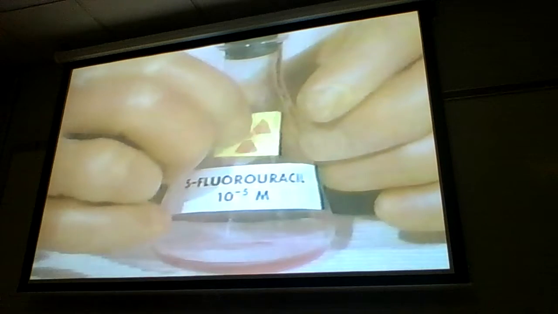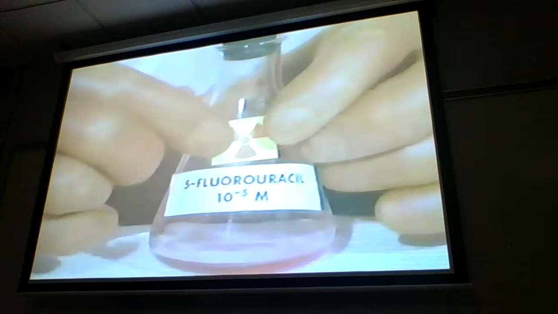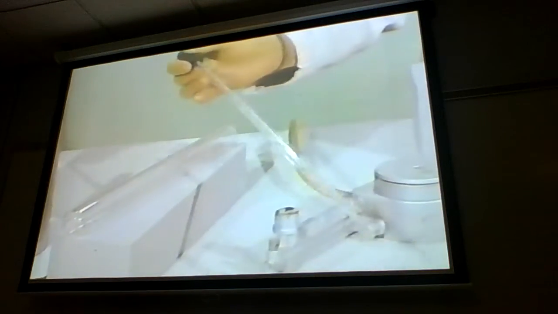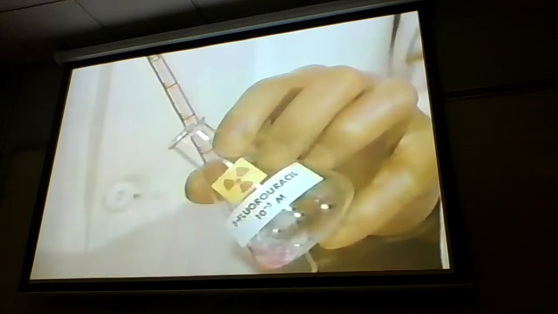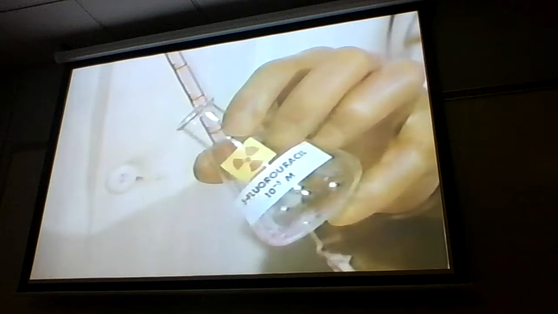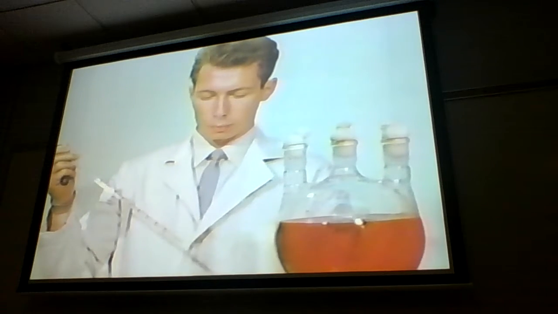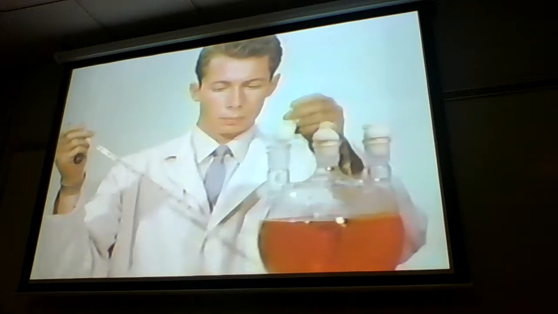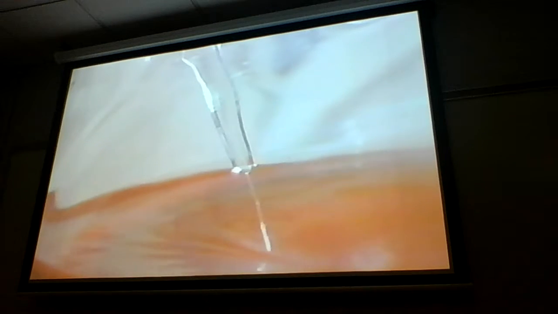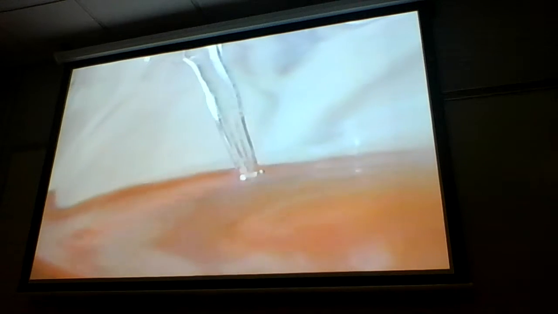Here is specially prepared 5-fluorouracil containing radioactive carbon-14. By tagging the 5-fluorouracil with these radioactive atoms, we can determine where the 5-fluorouracil goes in a human cell. We add a small amount of the radioactive 5-fluorouracil to the living culture. In about half an hour, these radioactive molecules will be incorporated into the cancer cells.